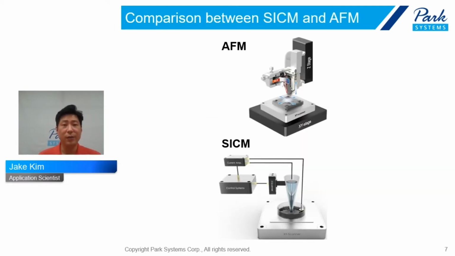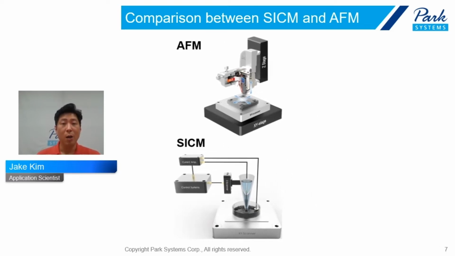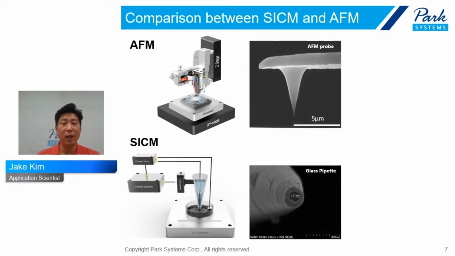The main difference between AFM and SICM is the probe and feedback system. In AFM, a very sharp and rigid tip is used, and normally the tip radius is around 10 nanometers or less. But in SICM, a glass nanopipette is used, and the inner diameter of this nanopipette is around 50 or 100 nanometers.